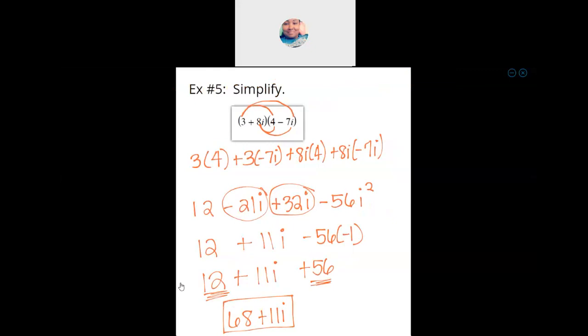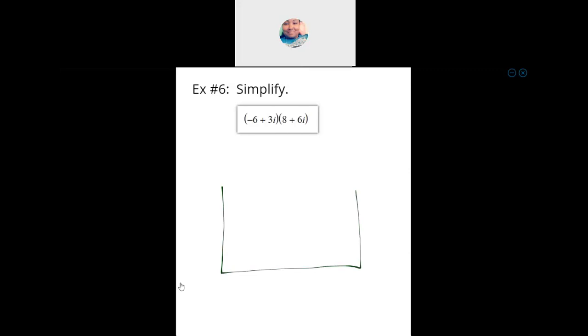Right, so let's do one more. And like I said, this way I'm going to do box method versus FOIL, like I did with this one. So this one I have negative 6 plus 3i times 8 plus 6i. So like I said, we'll do box method. If you know a box method, you physically go ahead and just draw your box. So I'm going to put -6 and 3i on the top, and 8 and 6i on the side.